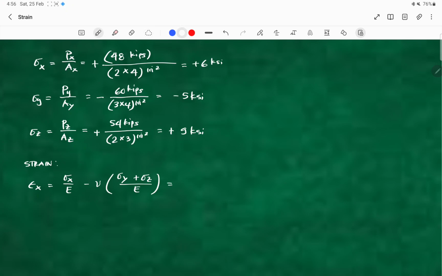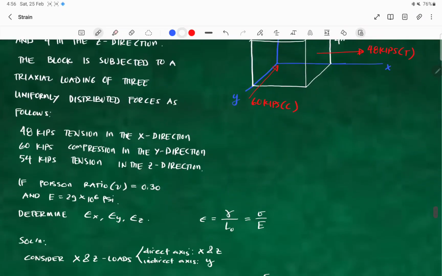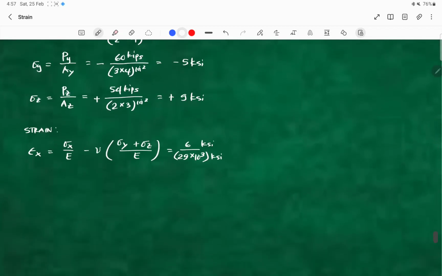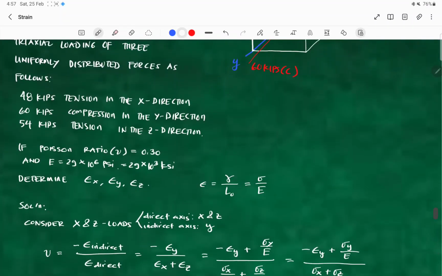So we have 6 KSI all over elastic modulus 29 times 10 to the power of 3. So ito naka-KSI to. Ito din is also in KSI, no? Kasi yung given dito is 29,000. So this is equivalent to 29 times 10 to the power of 3 KSI. Okay? So yan yun. And then minus yung Poisson ratio, which is also given 0.3.